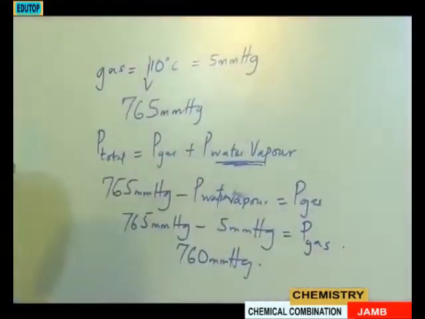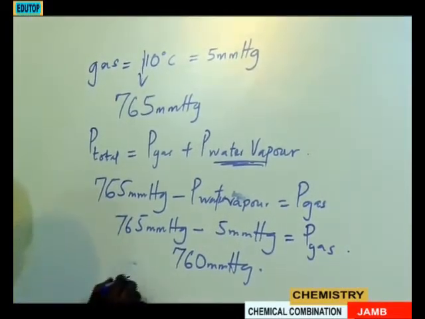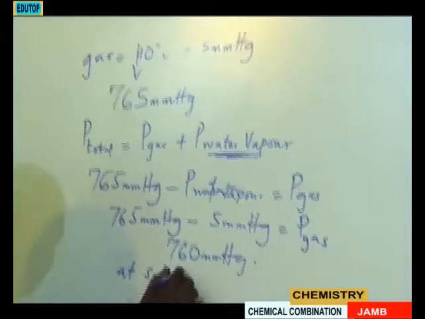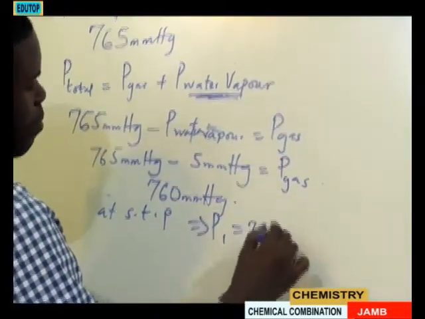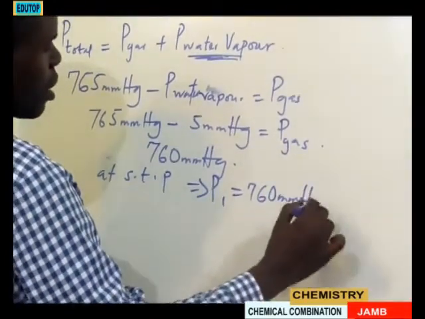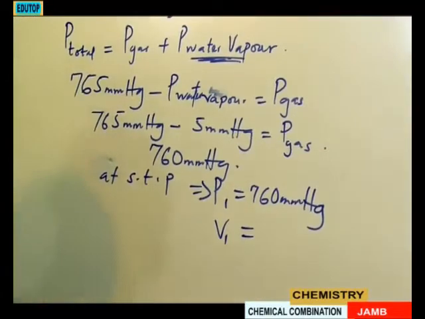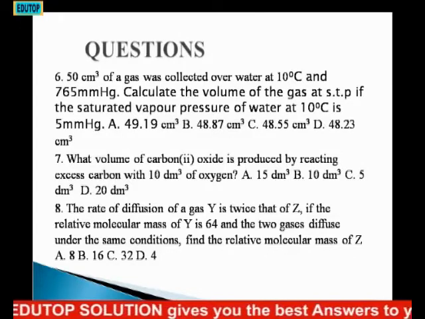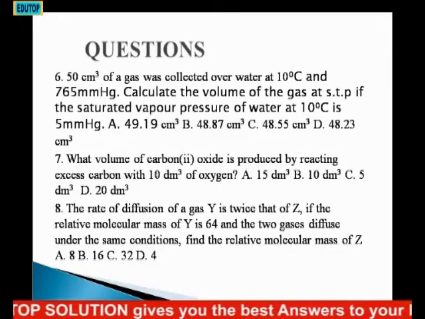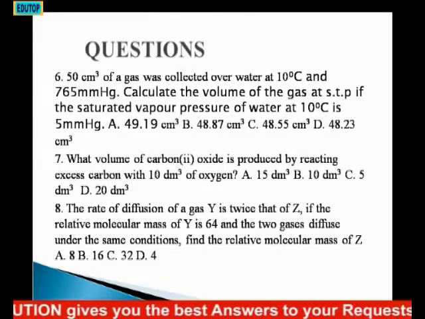Okay? Now at STP, that is standard temperature and pressure, we have P1 equals 760 millimeter mercury. Then V1 equals, what's our V1? Our V1 is given: we have 50 cm3 of a gas collected over water at 10 degrees Celsius and 765 millimeter mercury.